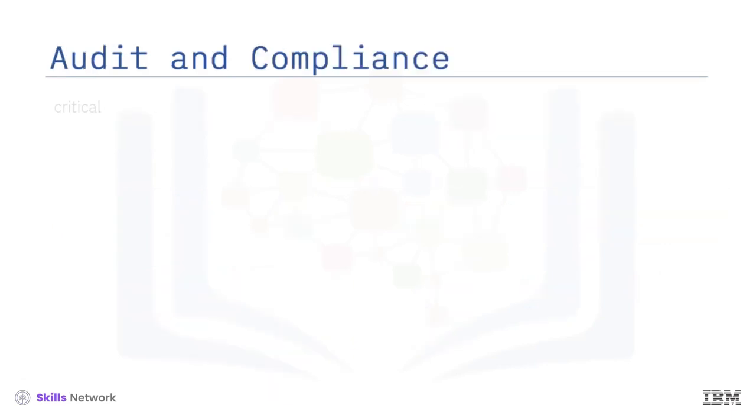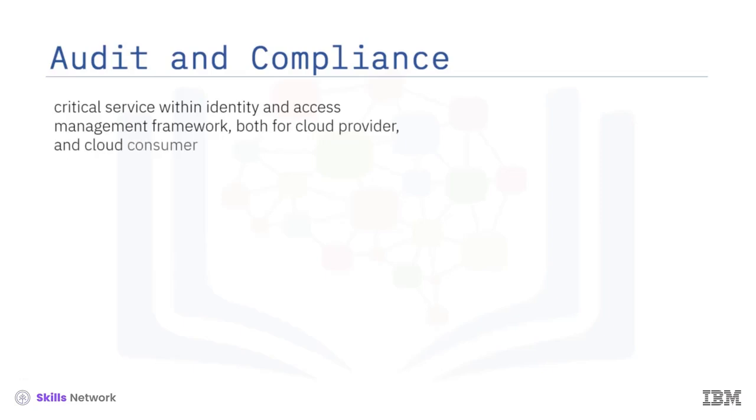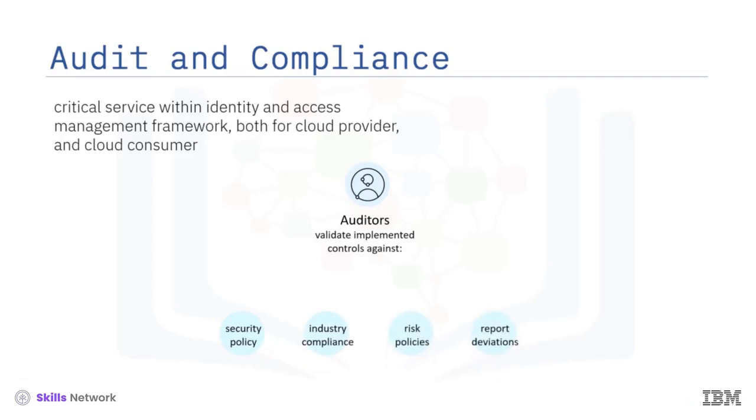Audit and compliance is a critical service within identity and access management framework, both for cloud provider and cloud consumer. Auditors use these processes to validate implemented controls against an organization's security policy, industry compliance, and risk policies, and to report deviations.